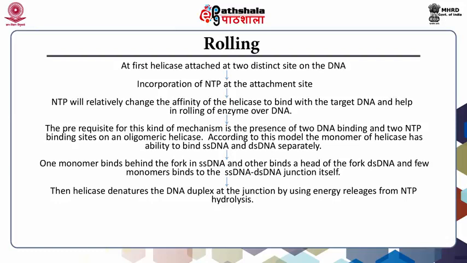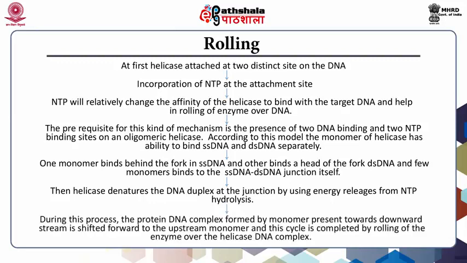Then helicase denatures the DNA duplex at the junction by using energy released from ATP hydrolysis. During this process, the protein DNA complex formed by the monomer present toward the downstream is shifted forward to the upstream monomer, and this cycle is completed by rolling of the enzyme over the helicase DNA complex.